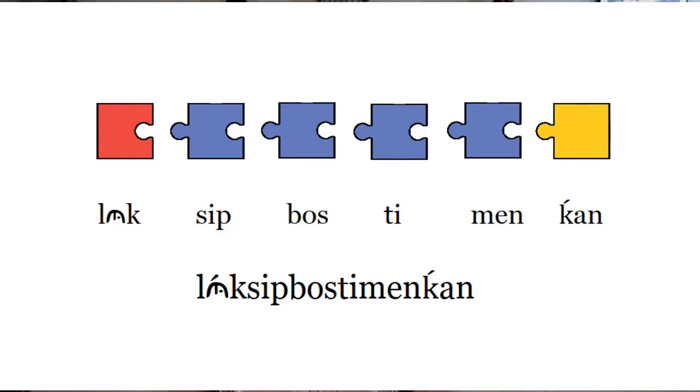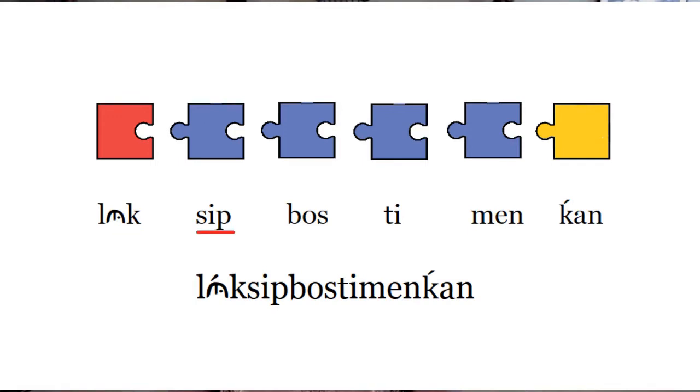Here's an example using puzzle pieces showing how the genuine Maidu parts fit together to make words. Look sip bos ti men kan. He did not let it crawl all the way out. The word root is look, crawl or climb.